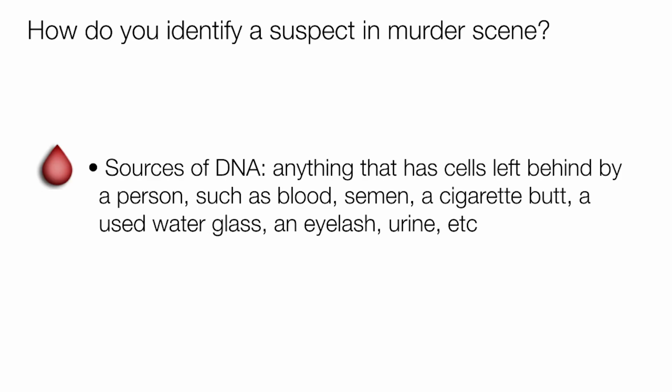When we're trying to identify a suspect at a murder scene, we're trying to get DNA, because we know that's one way we can look at the identity of individuals. Sources of DNA include any biological material coming from the body, because all cells within our body have all the same DNA. This can be blood, semen, or something with cells from the mouth, like a cigarette or a drinking glass.